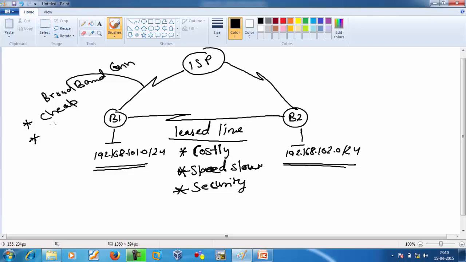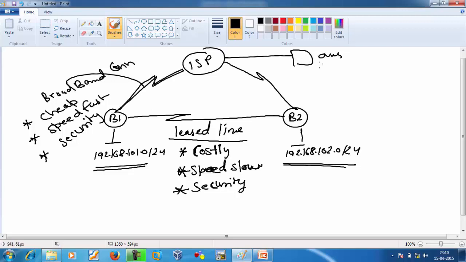Second, speed will be fast. And third, there is a problem: security. ISP means a platform where we can reach anyone, which is public. So the same problem is here: anyone can easily reach us.